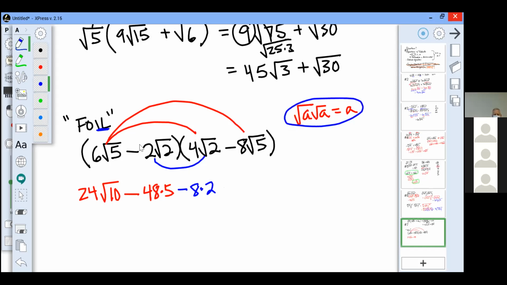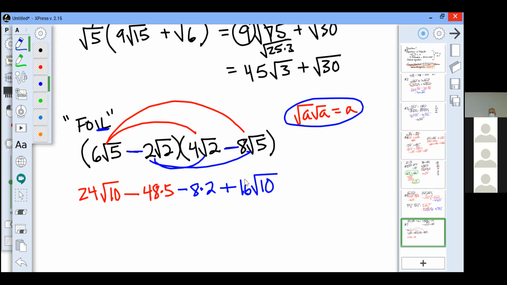And then the last, since they're both negative, negative here, negative there, positive 16 square roots of 10. Okay, this simplifies down nicely.